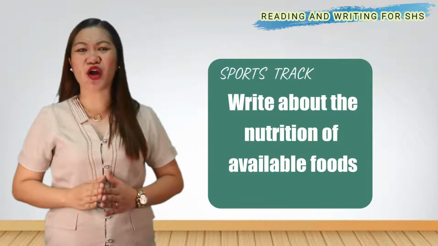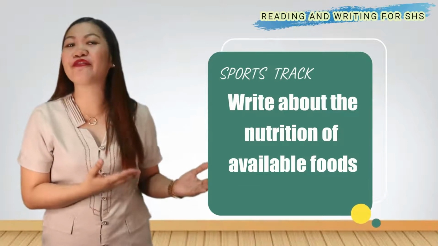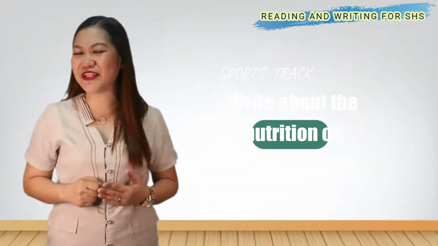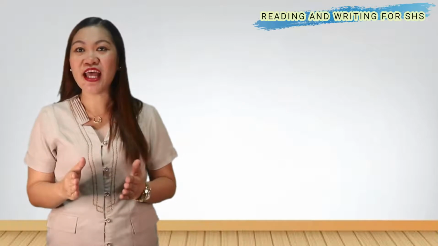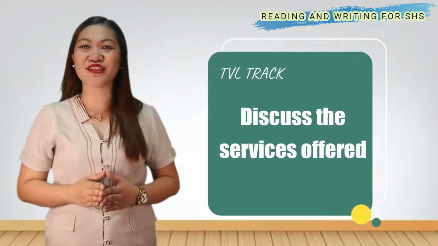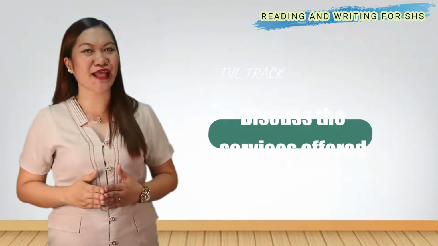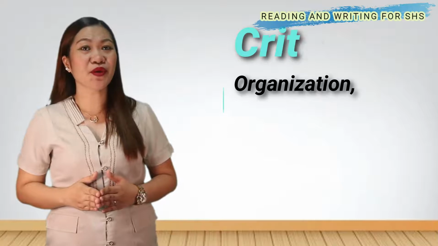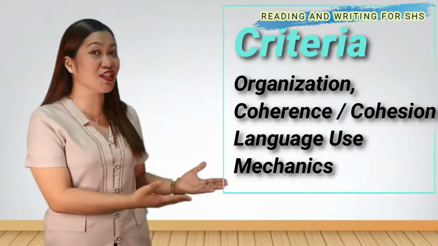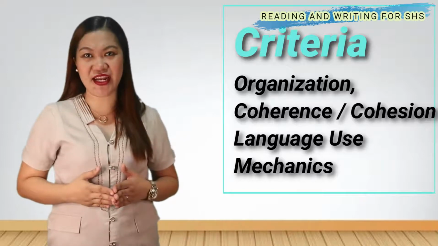For the sports track, write about the nutrition of food offered from a fast food chain and a fine dining restaurant. And for the TVL track, discuss the services offered by a fast food chain as compared to a fine dining restaurant. You will be graded according to organization, coherence or cohesion, language use, and mechanics.